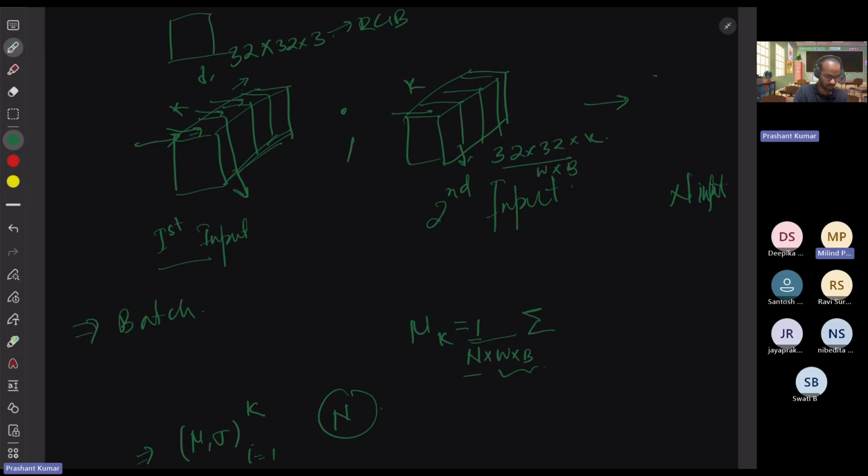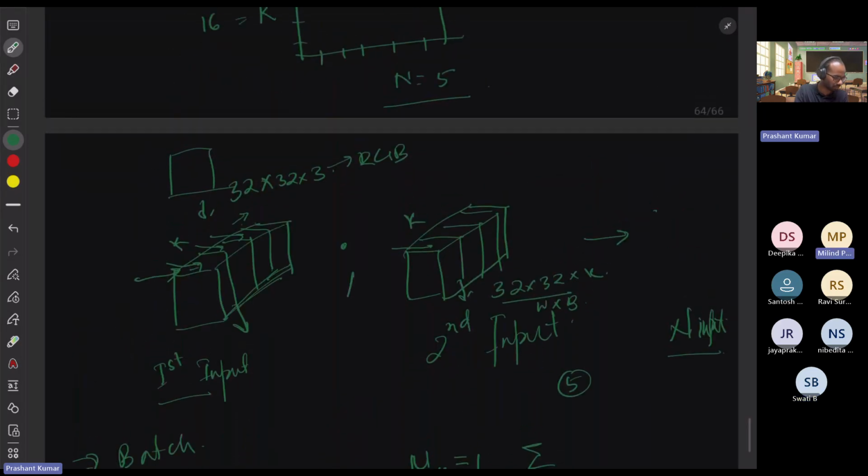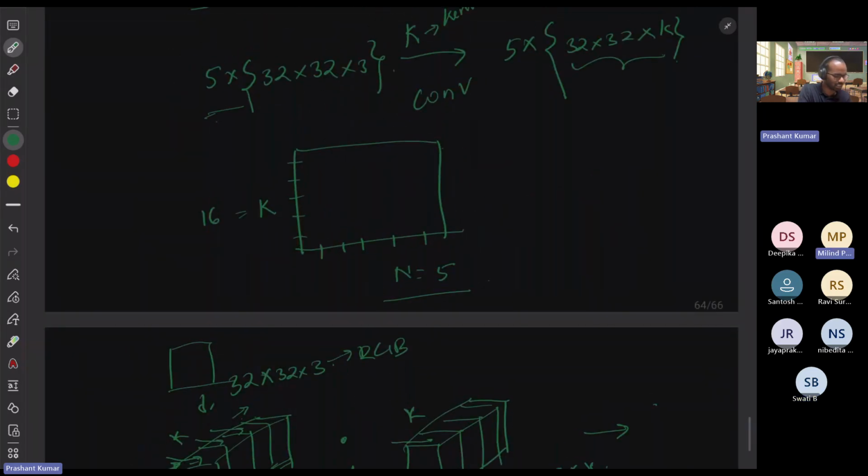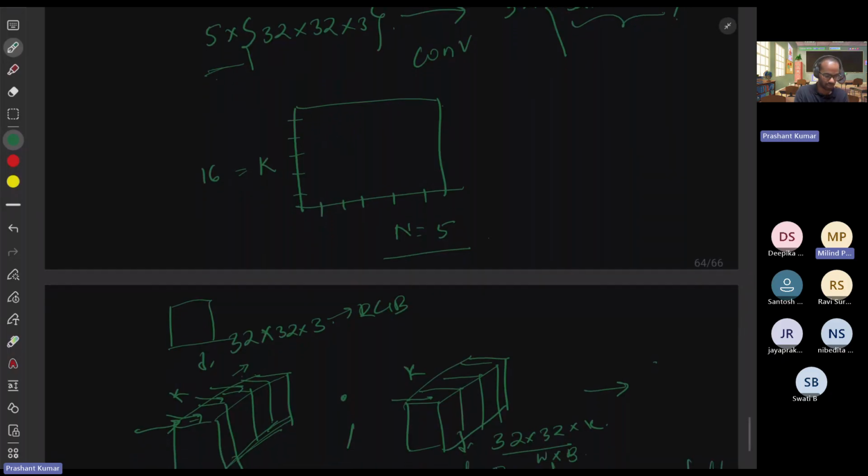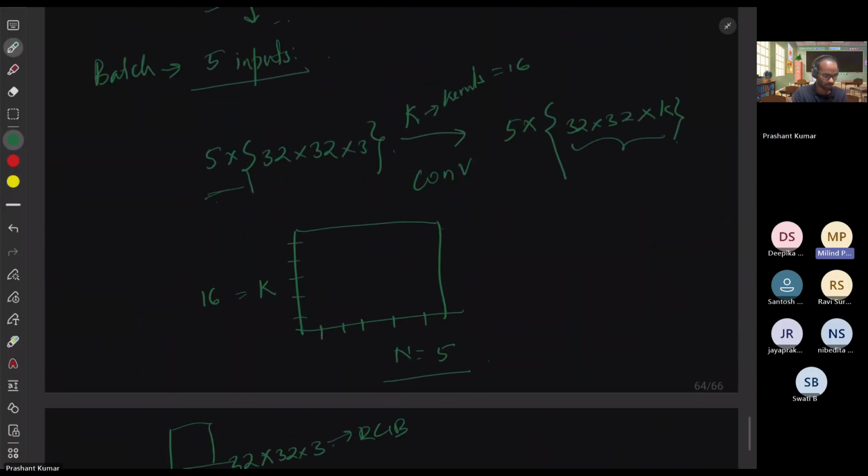So n is the number of input images, which you said 1000, and W into B is 32 cross 32 for each kernel, correct? In this case, n is the number of inputs; I was talking about the 5. But you said the batch is different, right? Input is different, right?